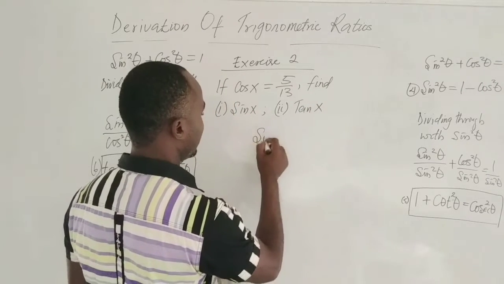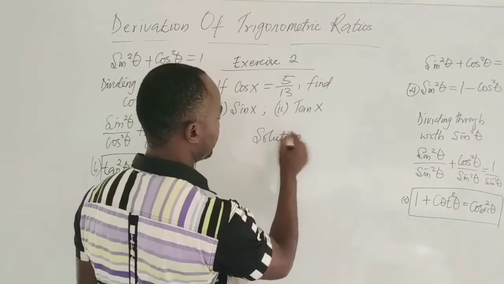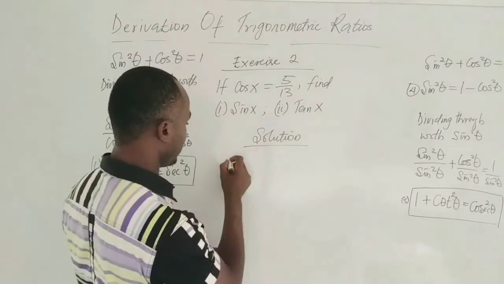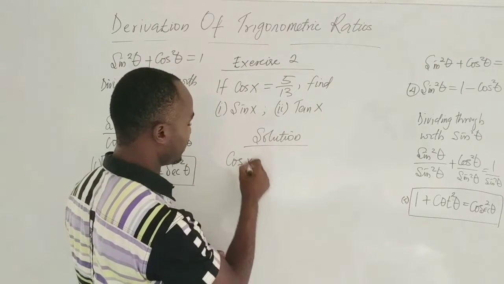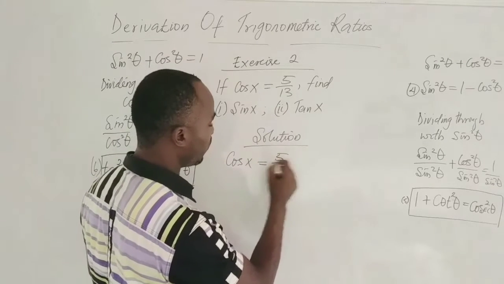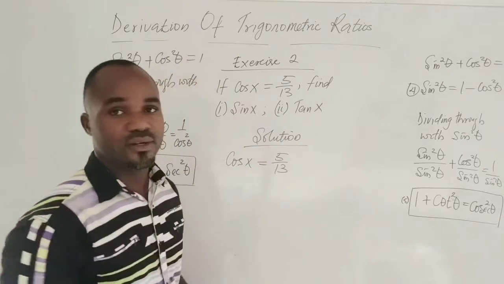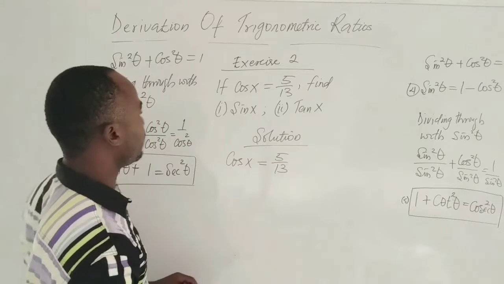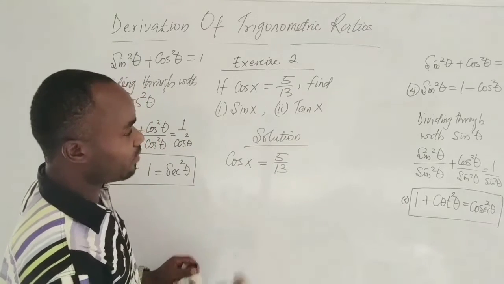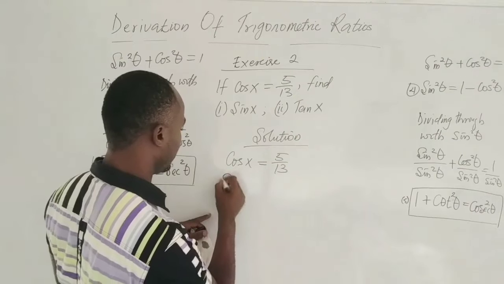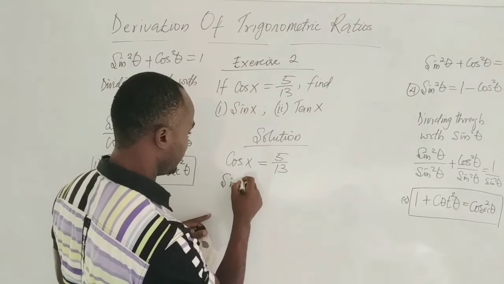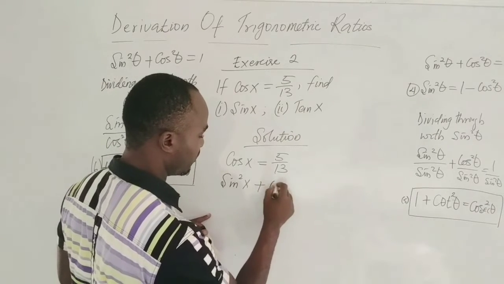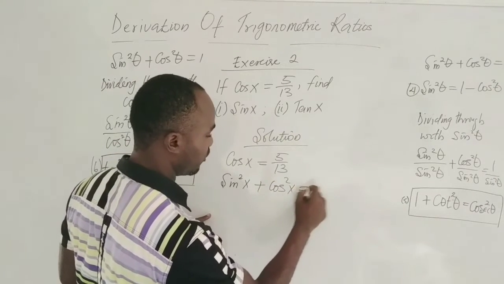So we start instantly without wasting time. Solution. Our solution is very simple. We first of all put down what has been given to us: cos x is equal to 5 over 13. Then the next thing is to look for the formula that we can apply in solving this, and that is sin x squared plus cos x squared all equal to 1.